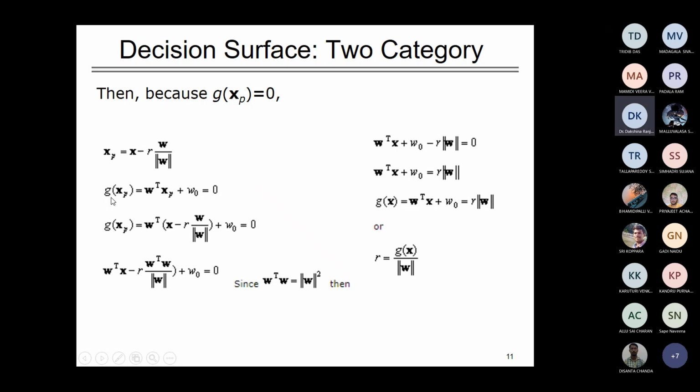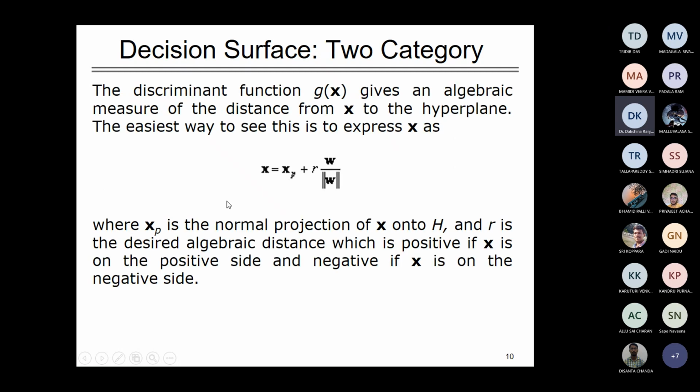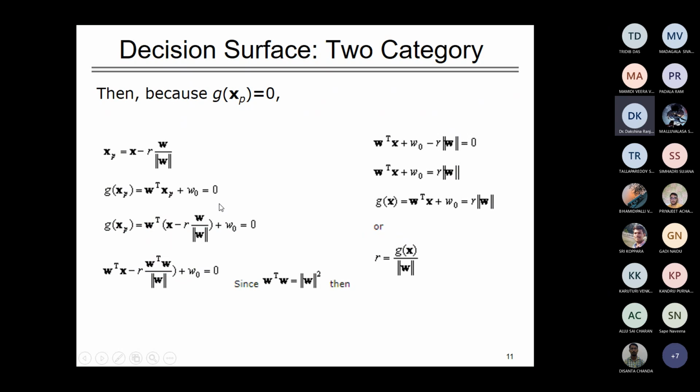So if we put this xp in this equation, we get g(xp) = w^T (x - r w/||w||) + w0 = 0.